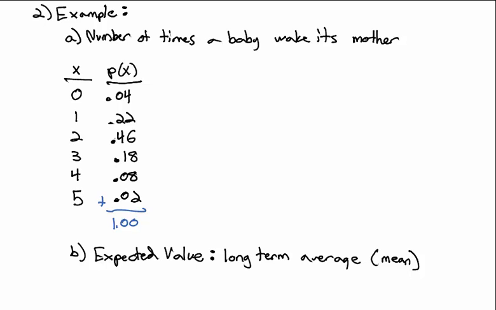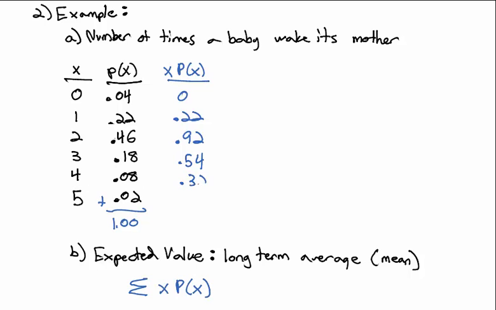The way we find the long-term average is we take the sum of all of the x's times the probability. So we're going to take x times the probability of x. So 0 times 0.04 is 0. 1 times 0.22 is 0.22. 2 times 0.46 is 0.92. 3 times 0.18 is 0.54. 4 times 0.08 is 0.32.